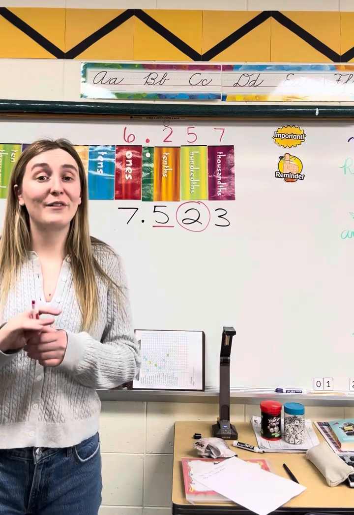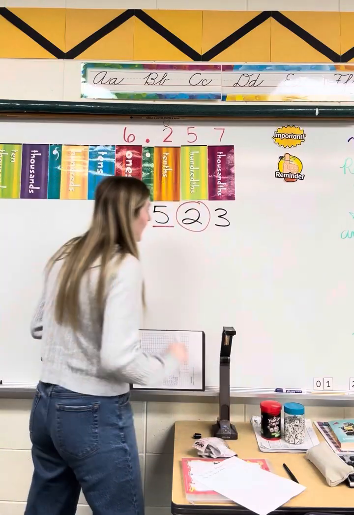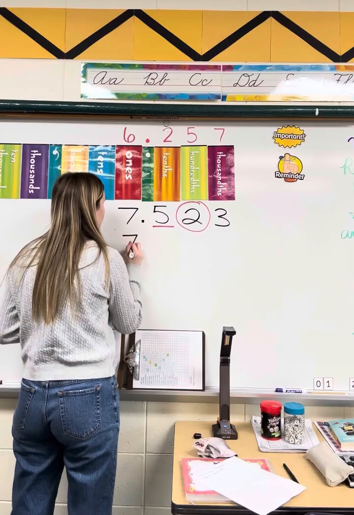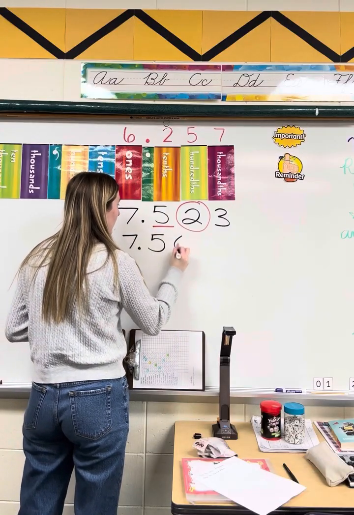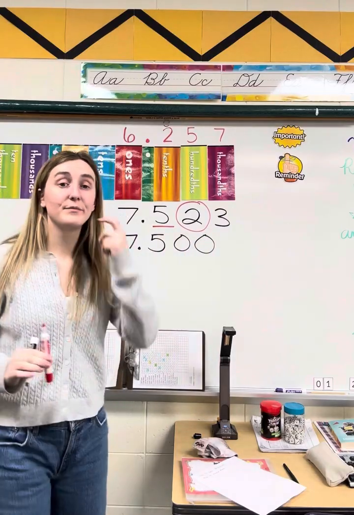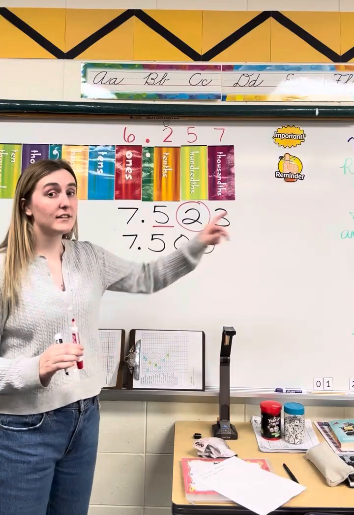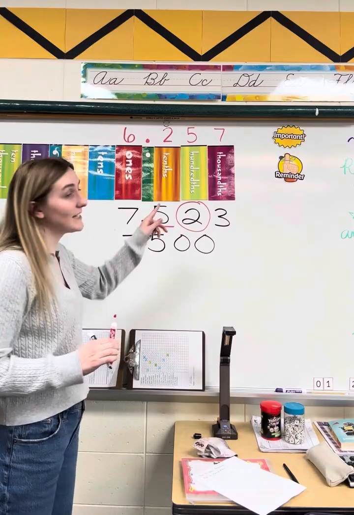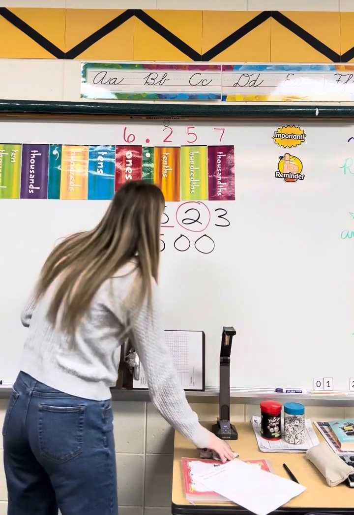So we have to remember our rounding rules: 4 and below, we round down. So let's look at R2. R2 tells us to round down. So our new number is going to be 7 and 5. Make sure these are zeros. There are 2 ways we can say this number. We can say 7 and 500 thousandths, or we can say 7 and 5 tenths. Hopefully that helps. So let's work on our hundredths.